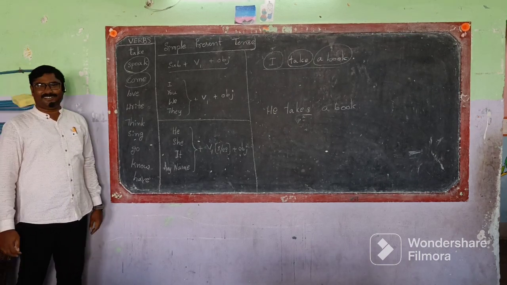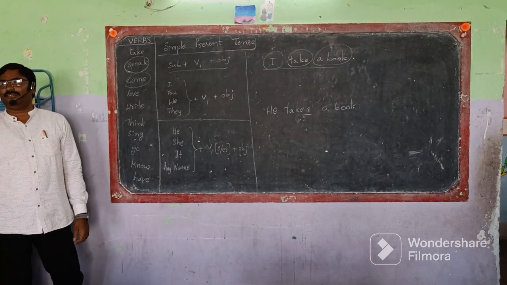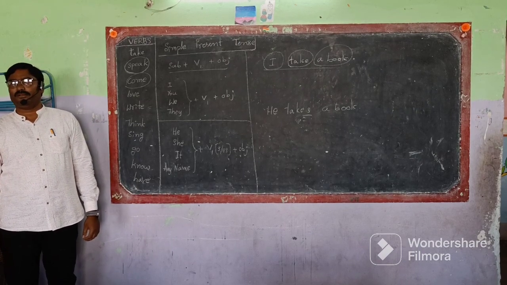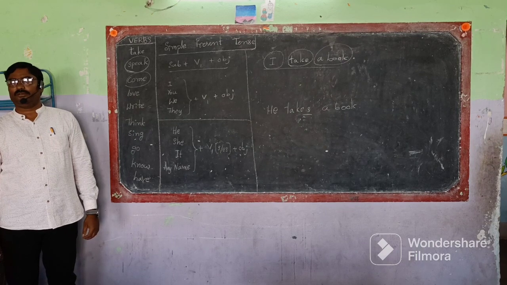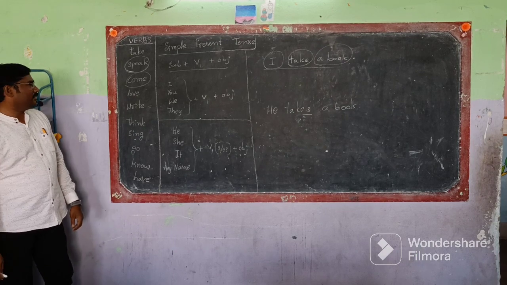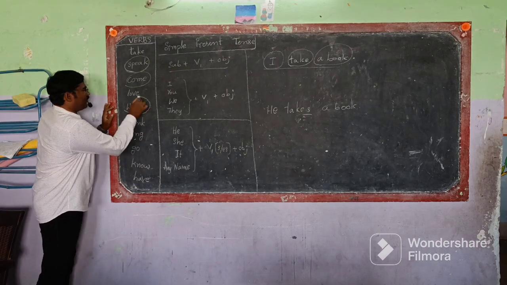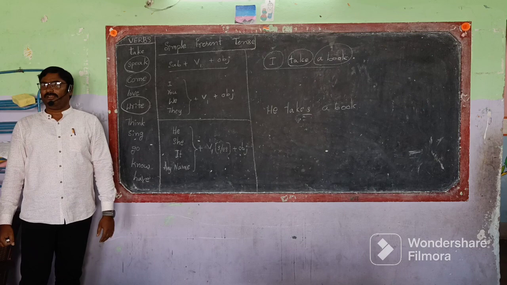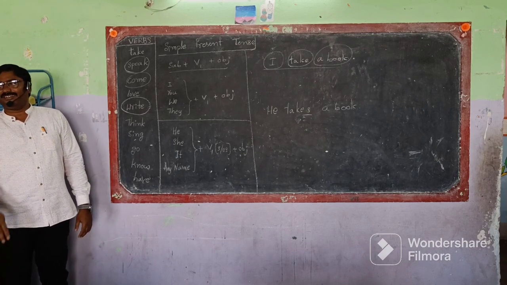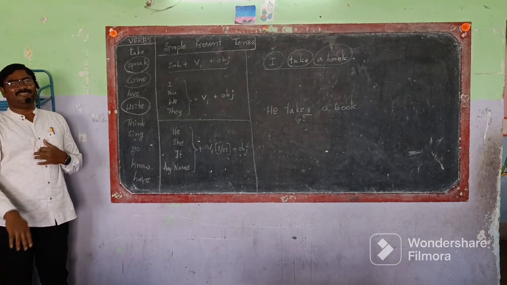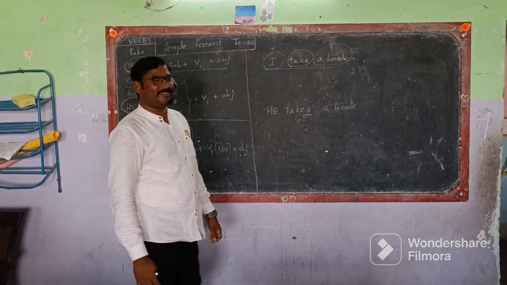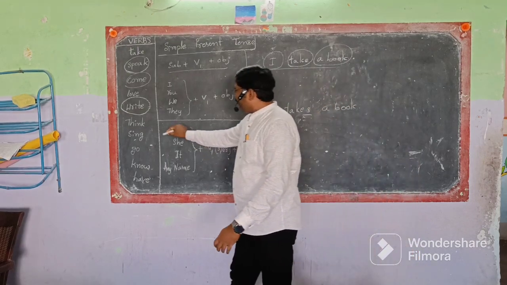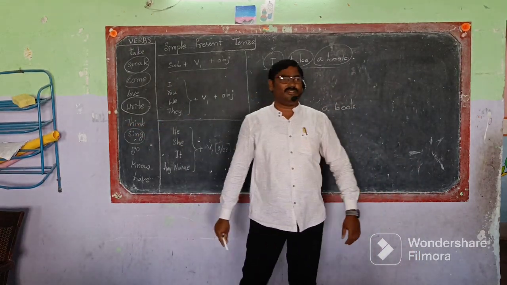Next, use the verb write. Okay. I write my exams. Okay. Next, correct. Sing. I sing a song. Very good.